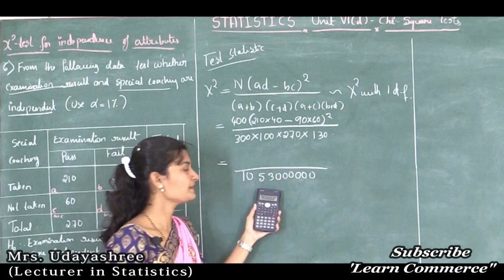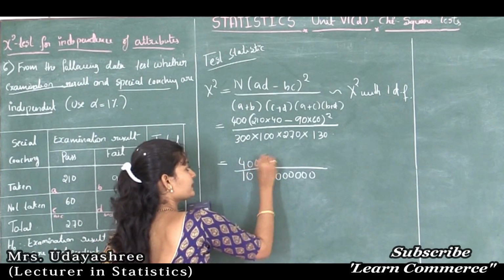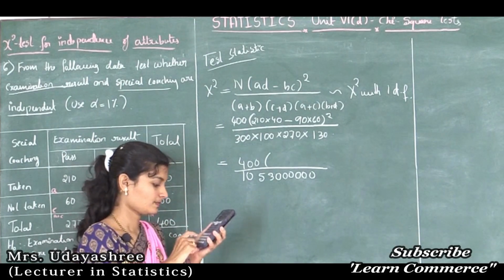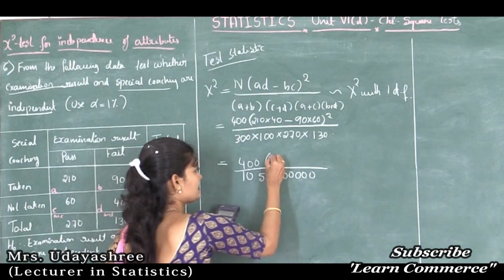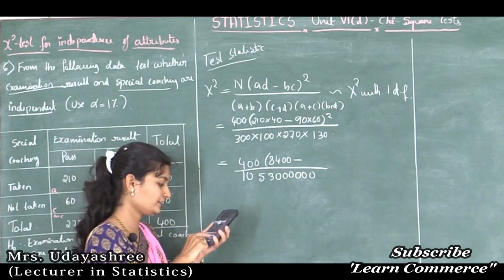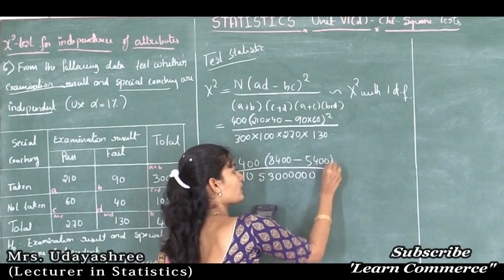This is the simplification of the denominator. Now I will solve the numerator: 400 into (210 into 40, that is 8400, minus 90 into 60, that is 5400) whole square.